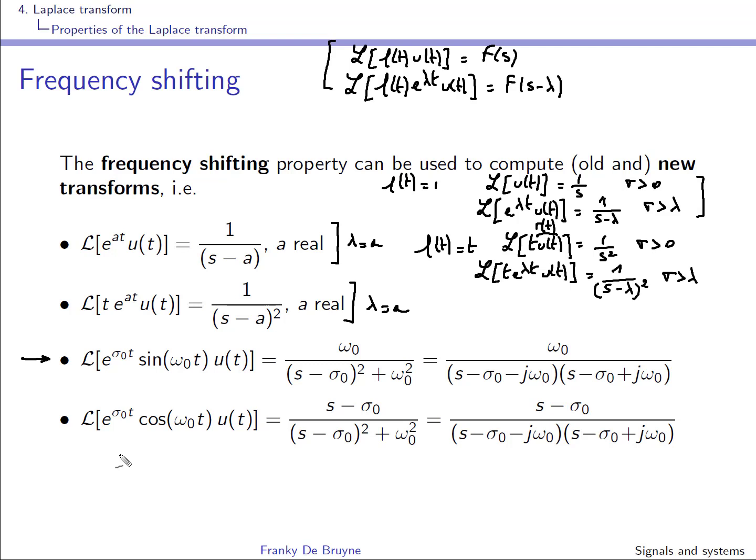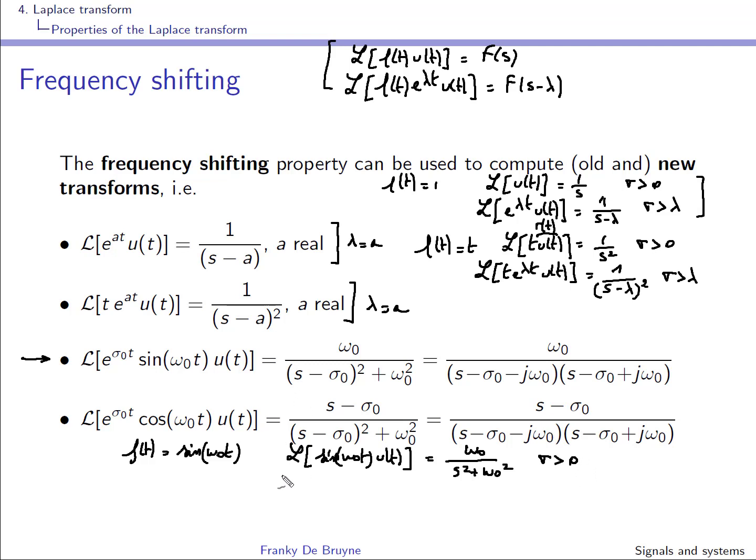And what we'll do over here is use f of t equal to sine omega 0 t. The Laplace transform of sine omega 0 t u of t is omega 0 over s squared plus omega 0 squared, and the region of convergence was sigma larger than 0.